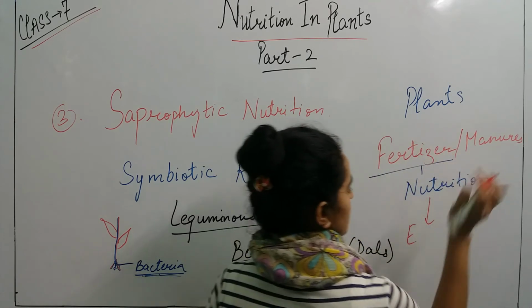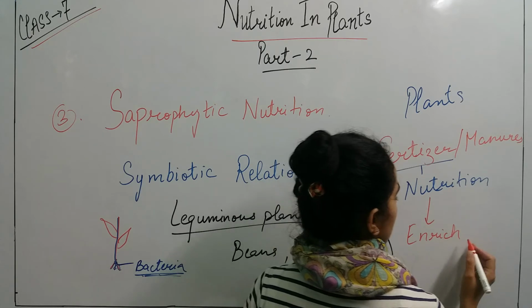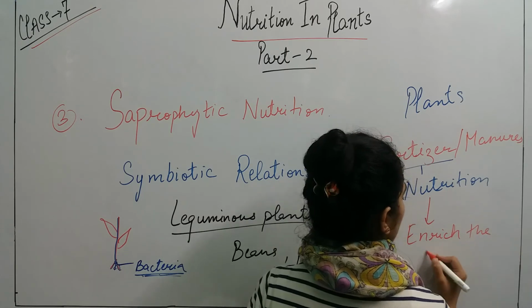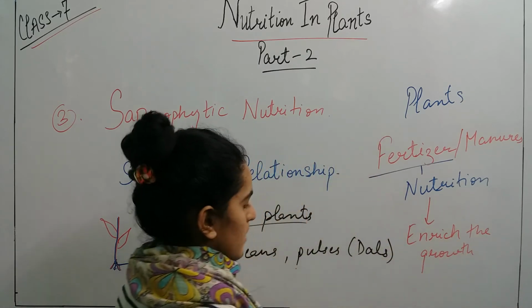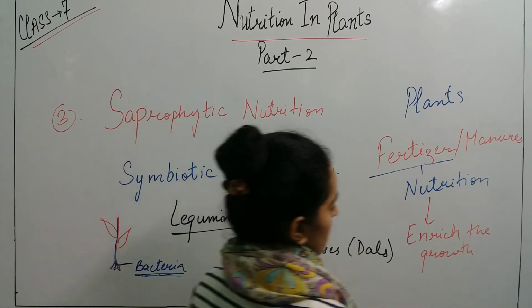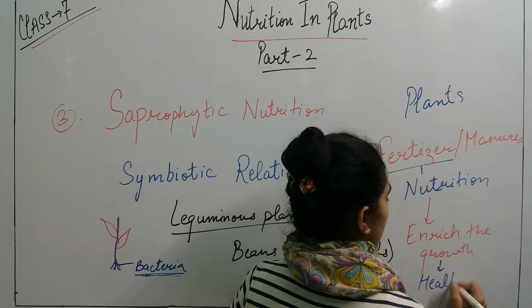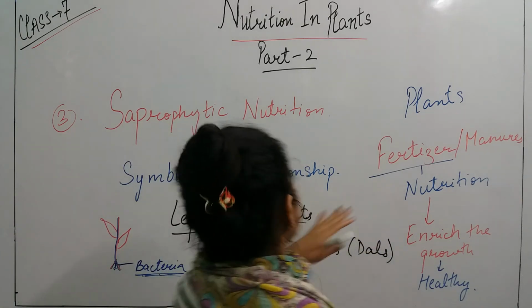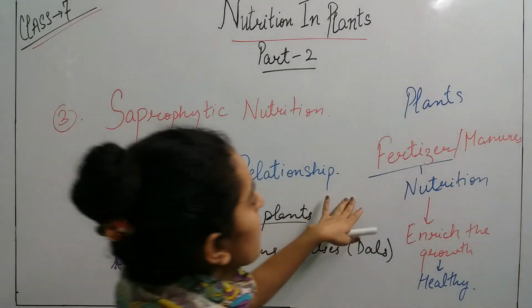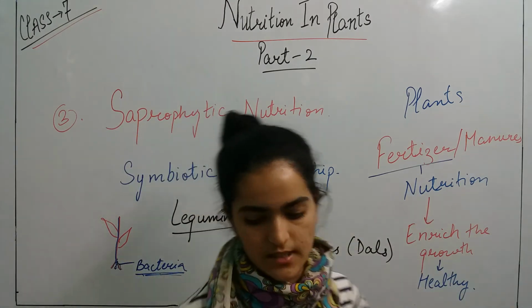The fertilizers and manures will enrich the growth, and because of this the plant will grow healthy. So that's why the farmers use fertilizers and manures to make their plants healthy.